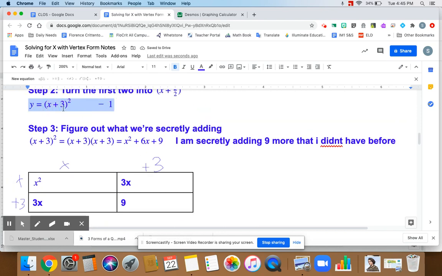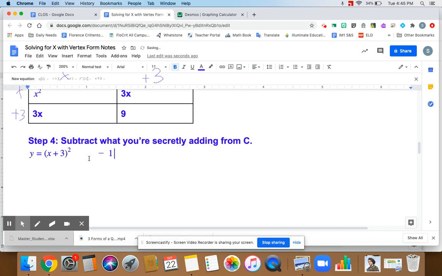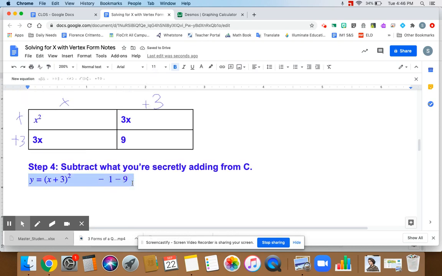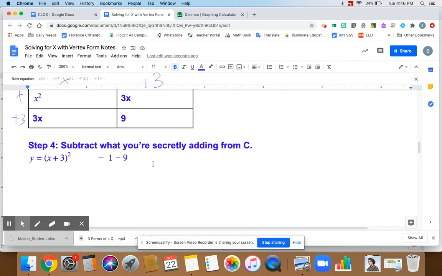So I'm going to take this equation, and I'm going to say, okay, this is almost what I had before, but it's secretly adding 9 once I multiply it out. So I'm going to subtract 9 from over here. Because once I add 9, the minus 9 will keep it balanced. It'll stay the same.